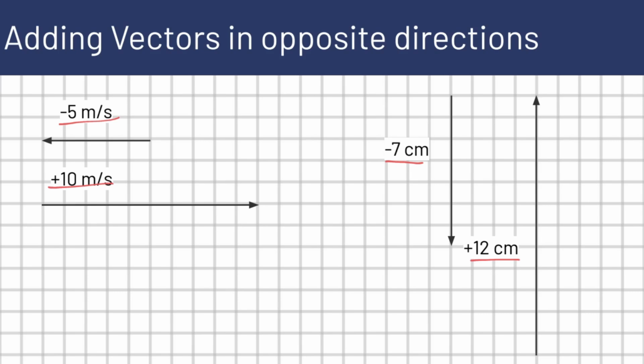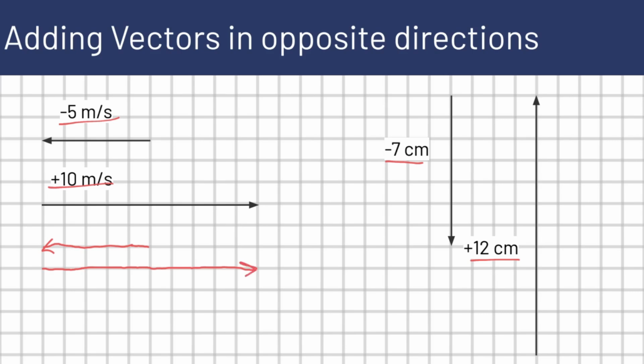If we start with these on the left, we have +5. So that's 1, 2, 3, 4, 5. Now we put the tail of the second vector at the head of the first vector. So I'm going to draw the second vector here. So that's 5 plus another 5.